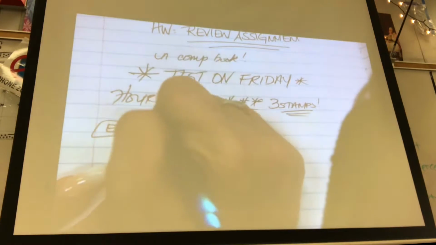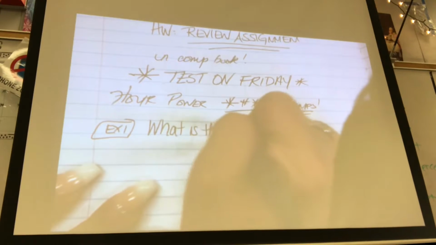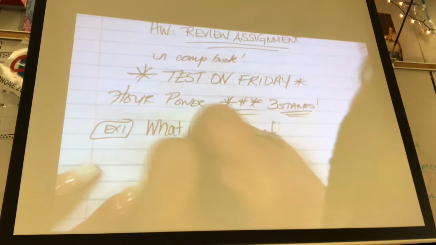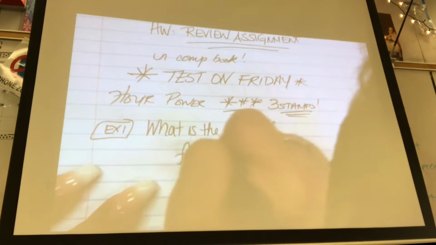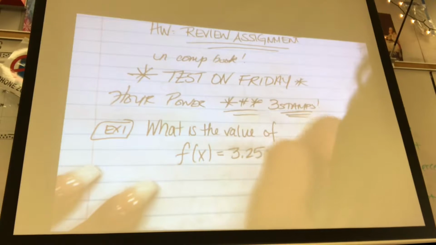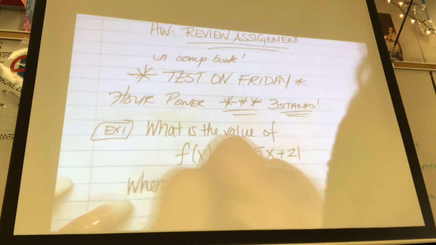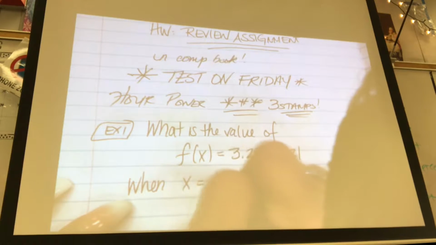What is the value of f of x equaling 3.25x plus 21 when x is negative 2.5?